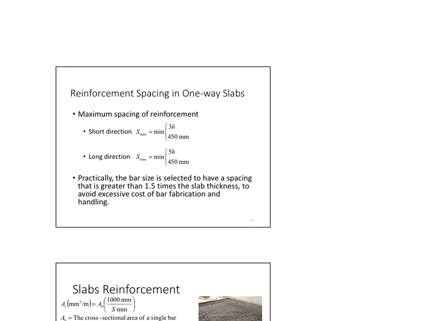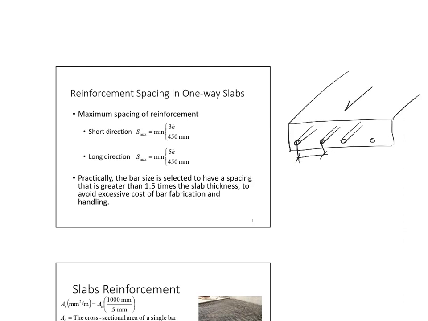How about the maximum spacing between my bars? Those are my bars. Center to center of the bar should not be bigger than, if I'm going in the short direction, if this here was my short direction, then that distance is the larger of 3H or 450. What is H? The full height of the slab.